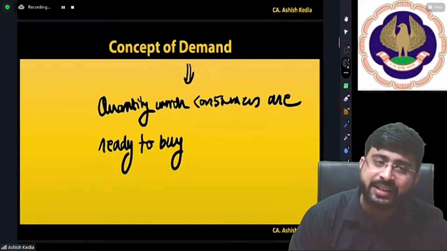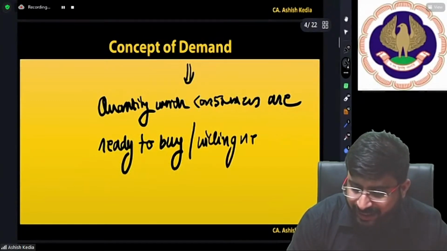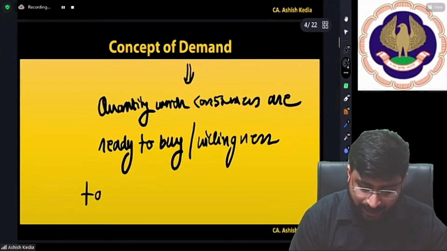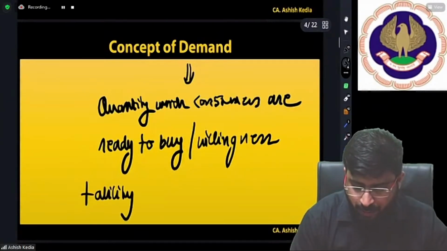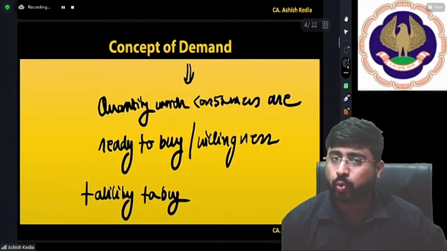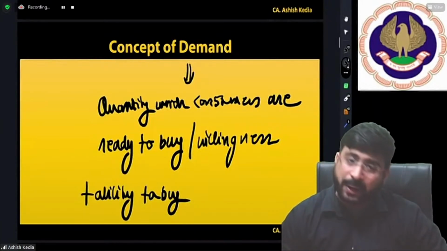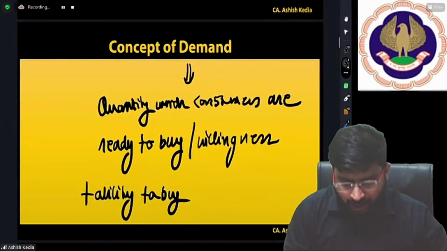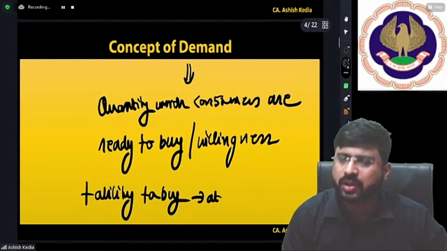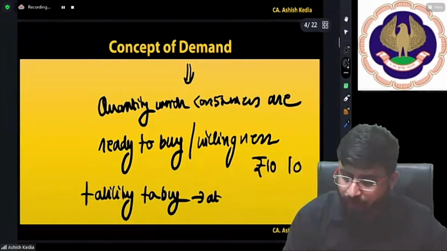So there is readiness, that is readiness or willingness. But readiness or willingness is not enough. It should be backed by ability to buy such commodity. So when quantity which the consumers are ready plus able to buy at different prices, for example, if price is rupees 10, I will consume 100 units.